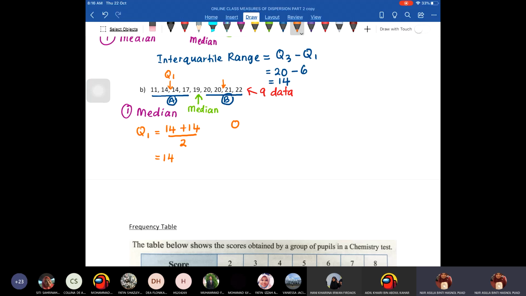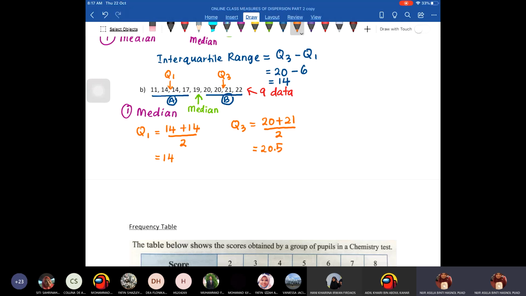So my third quartile, 20 plus 21 divided by 2, I will get 20.5.